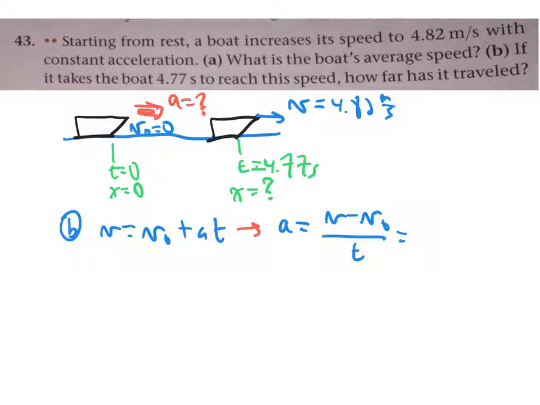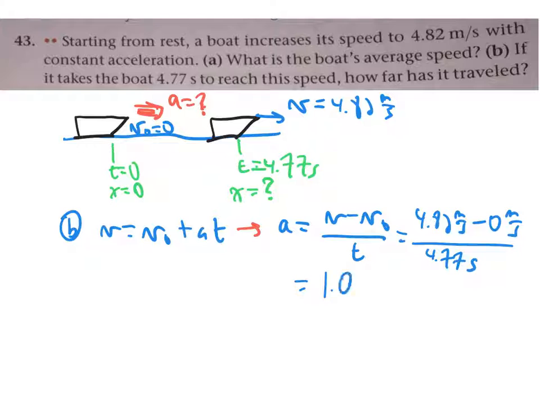So in this case, it's 4.82 meters per second minus 0 meters per second over 4.77 seconds, which comes out to be 1.0104 meters per second squared, which I'll carry in those digits and round at the end because I'm not really done.